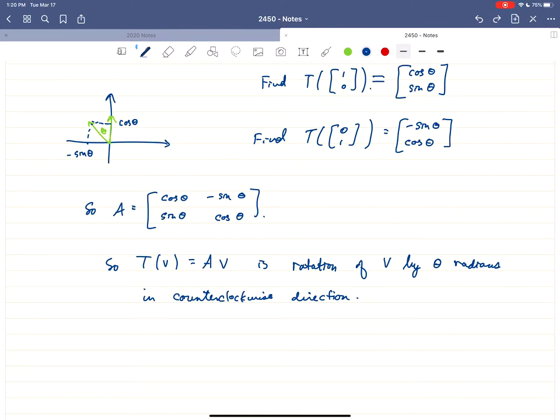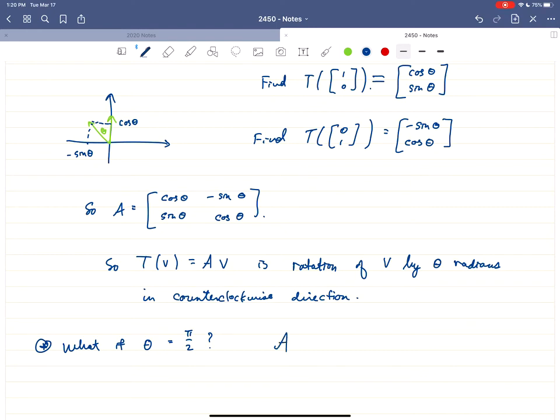The last thing I want to talk about with this video is, just to tie our two last examples together, what if theta is pi over 2? What if we're talking about a rotation by 90 degrees, or by pi over 2 radians, in the counterclockwise manner?